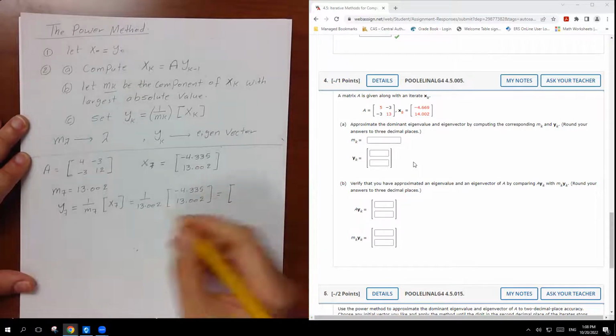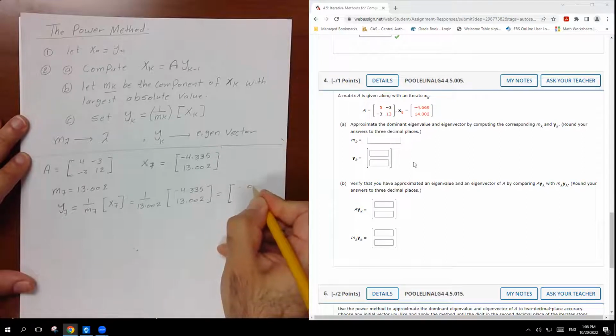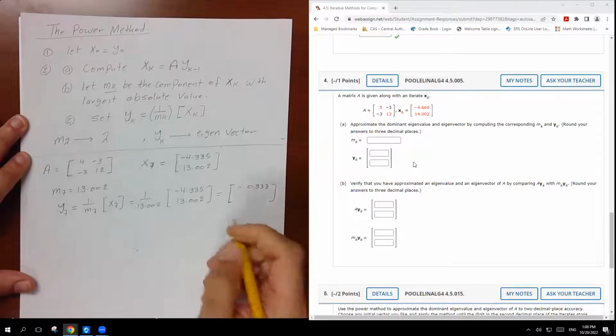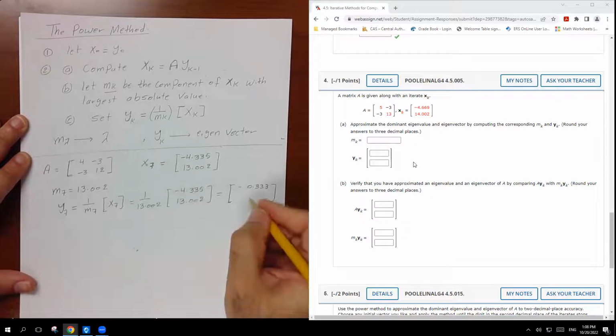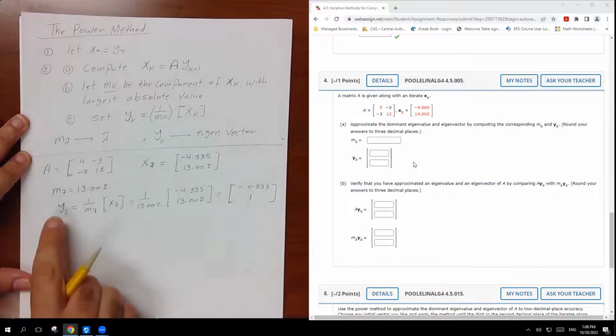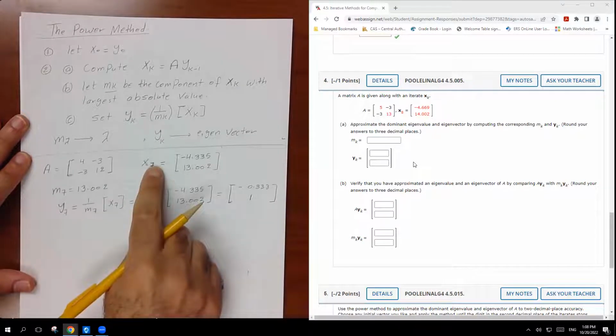This one divided by this one is going to be negative 0.333, and this one divided by this one is going to be 1. So this is Y7.